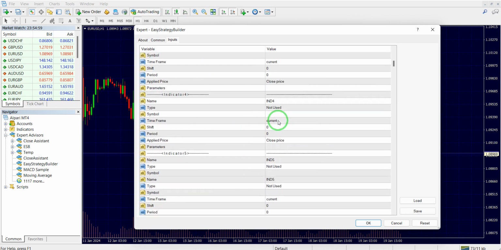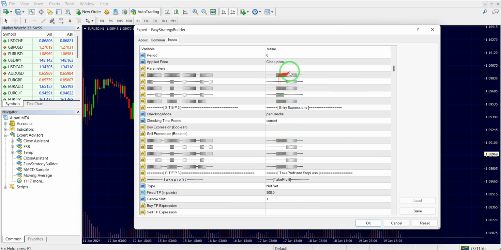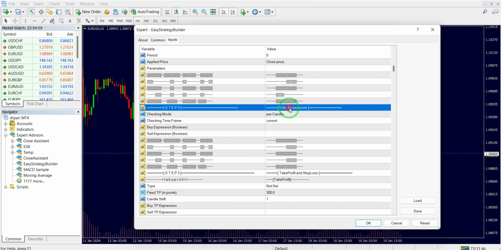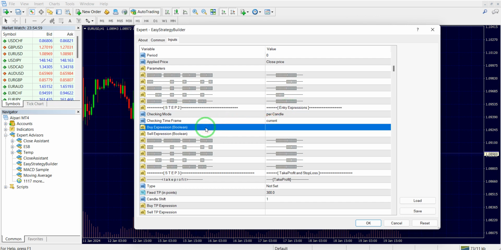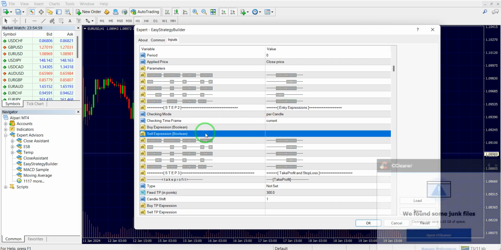Okay. Step 2, which is this, you need to tell ESB about your entry conditions. Under which condition ESB opens a new trade. You need to tell for buy and for sell.